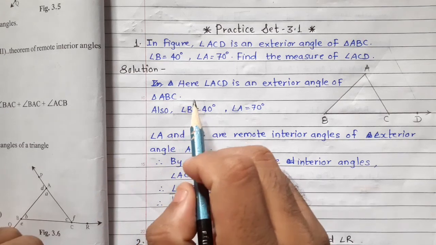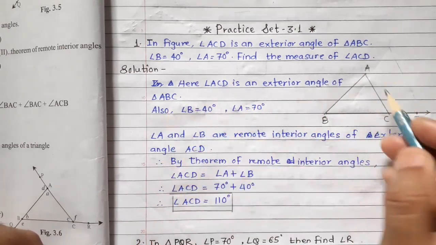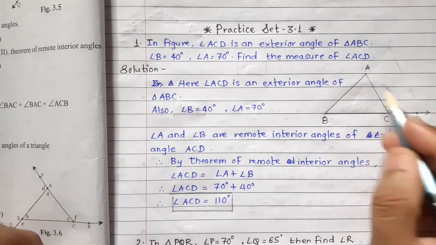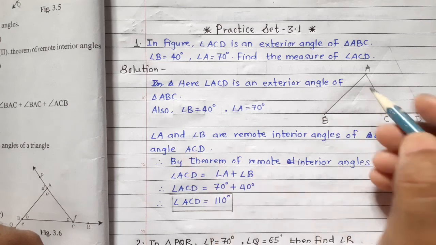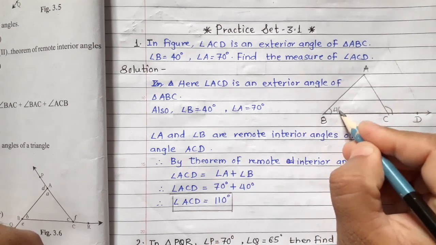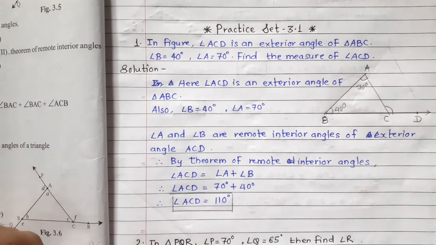Solution. Here angle ACD is an exterior angle of triangle ABC, and the measure of angle B is 40 degrees and the measure of angle A is 70 degrees. It is given.